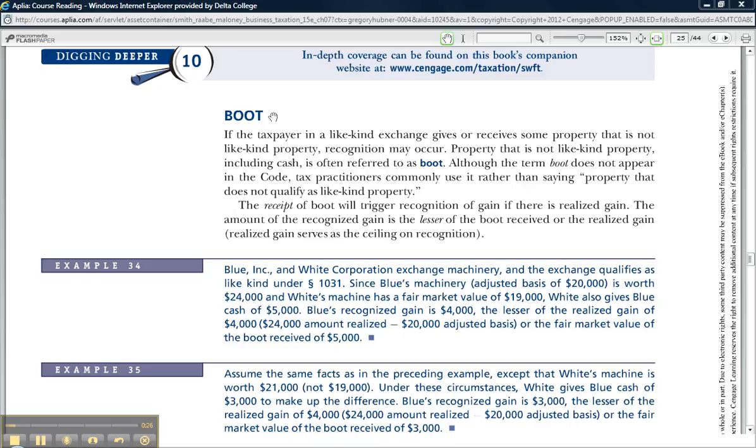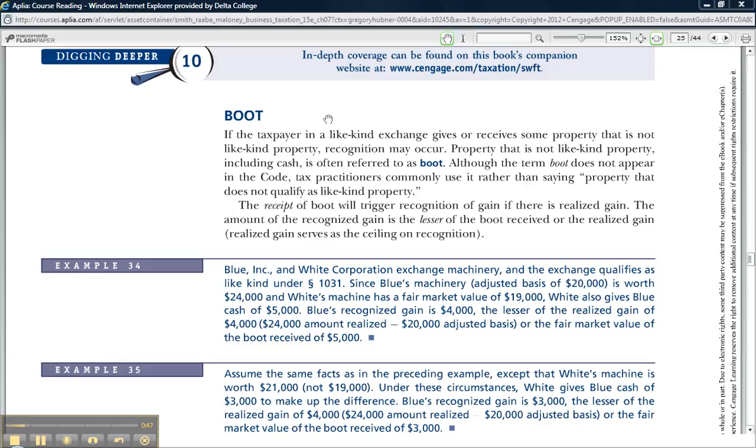So when two parties exchange a certain type of asset, it's pretty unlikely that the fair market value of each asset is going to be identical. So one party usually has to kick in some additional property or cash to make the situation fair. And this extra non-like-kind property is called boot.